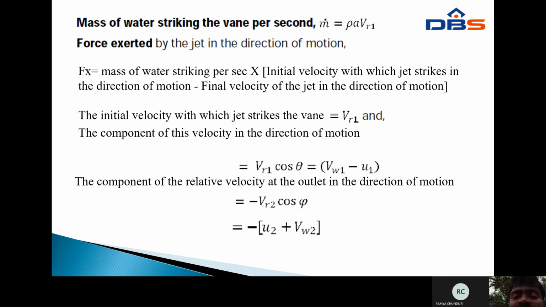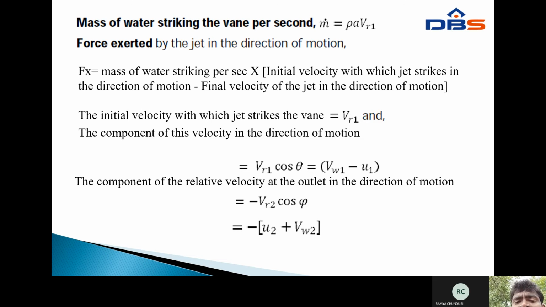The initial velocity with which the jet strikes the vane is Vr1, and its component in the direction of motion is Vr1 cos theta, which equals Vw1 minus u1. First draw the diagram, then you can calculate Vr1 cos theta equals Vw1 minus u1.